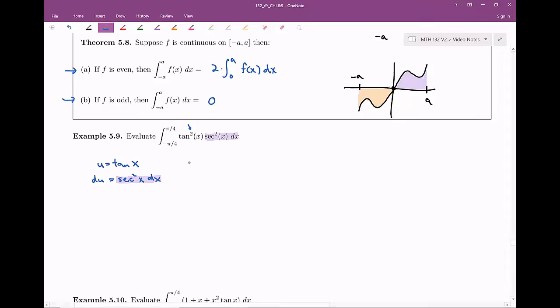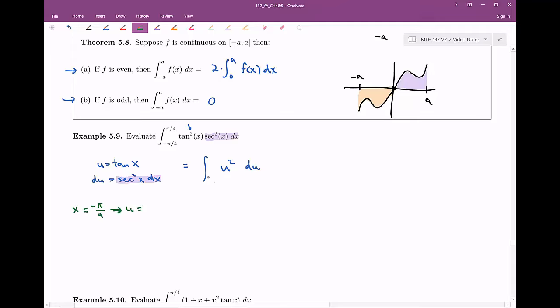So let's go ahead and start swapping out. So let's see, u is tangent, so this is going to be tangent squared, or u squared, and then everywhere I see the secant squared of x dx, I'm going to swap it in for a du. Now we need to change our bounds, right? So when x is equal to negative pi over 4, what is the corresponding u value?